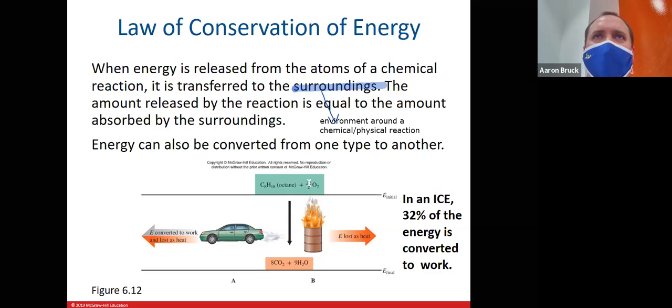Your engine uses that energy from that combustion reaction to drive the mechanical parts of your car and allow your car to actually take you somewhere. So not all energy conversions are just heat.